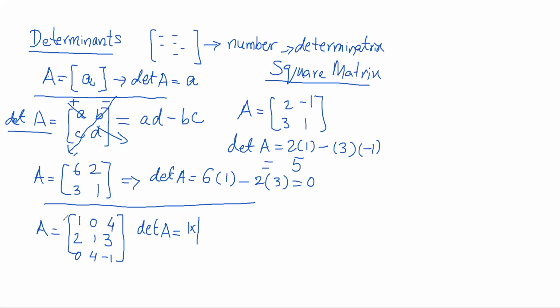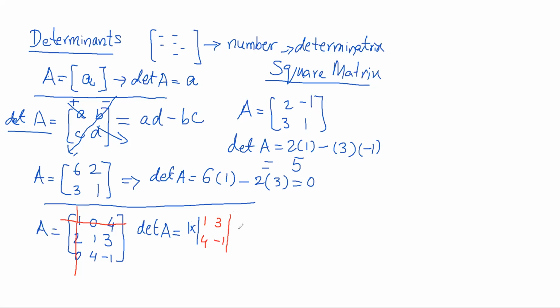If I take this 1, I remove the row 1 and column 1, and what is left is 1, 3 and 4, minus 1. So I will take this sub matrix.